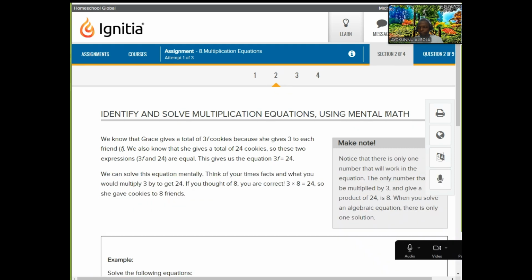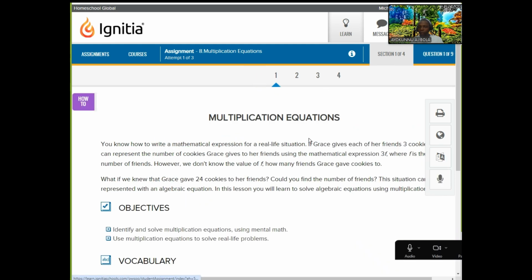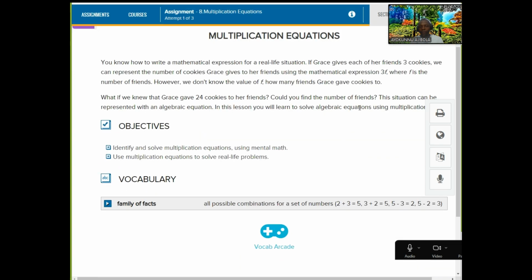Now, coming back from the first section, it said you know how to write mathematical expressions for a real life situation. If Grace gives each of her friends three cookies, we can represent the number of cookies Grace gives to her friends using the expression 3f, where f is the number of friends.